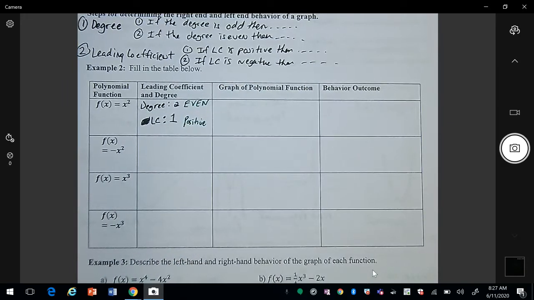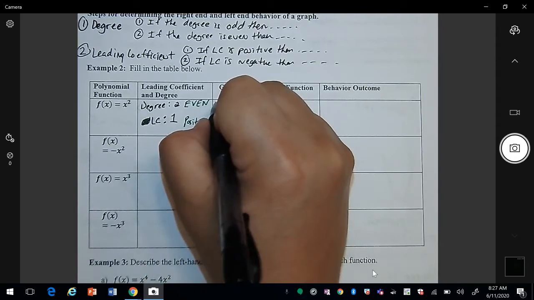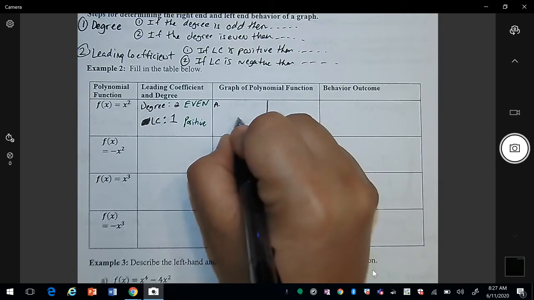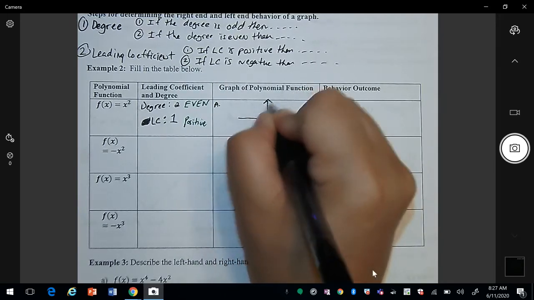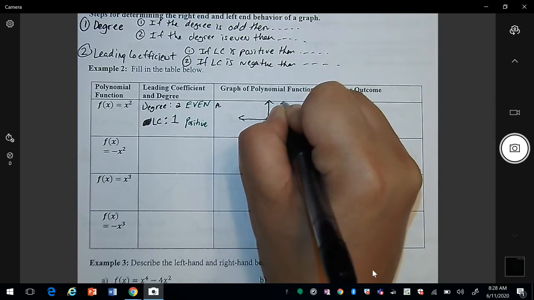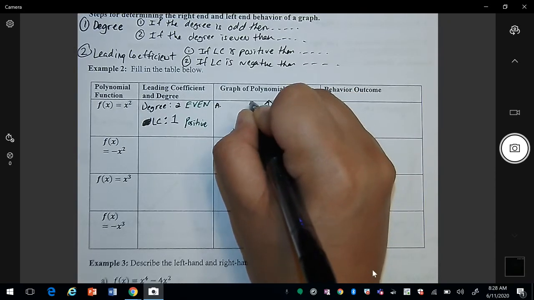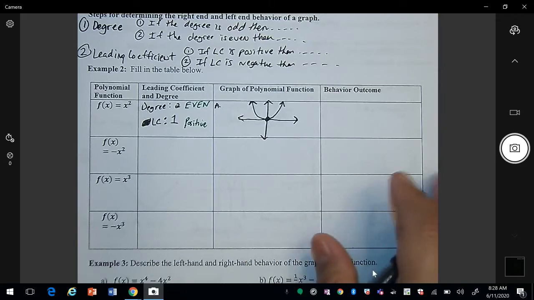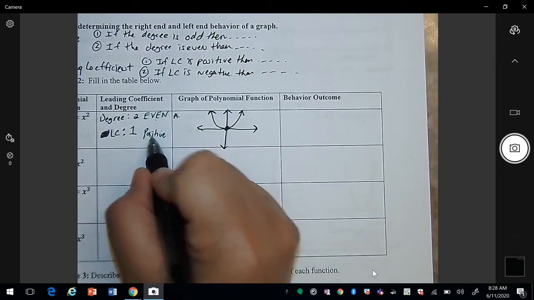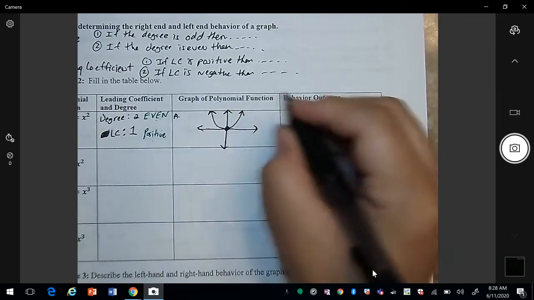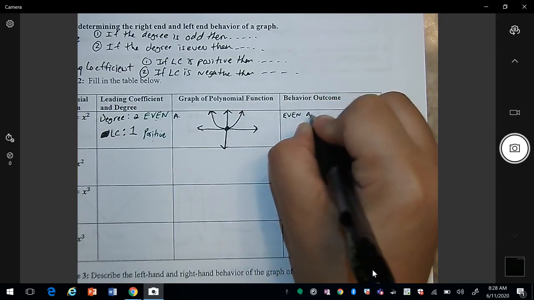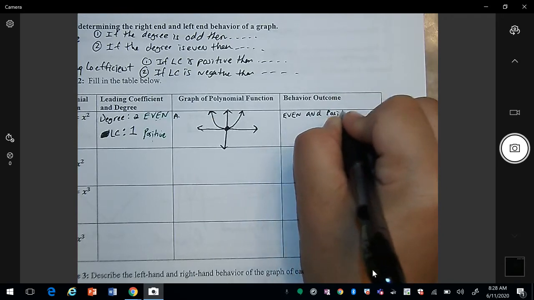Okay, so let's look at the graph. So the graph for this parabola looks like this. Okay, so the behavior when the degree is even and the leading coefficient is positive is going to be as follows.